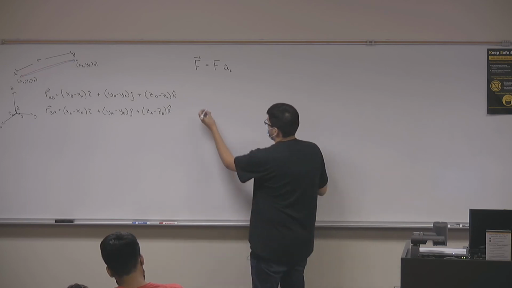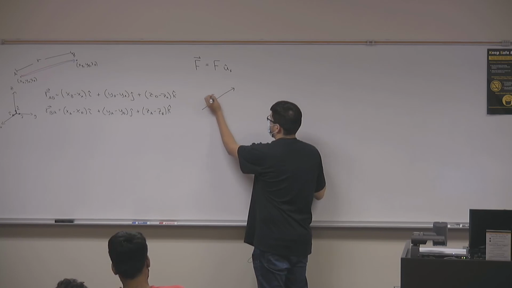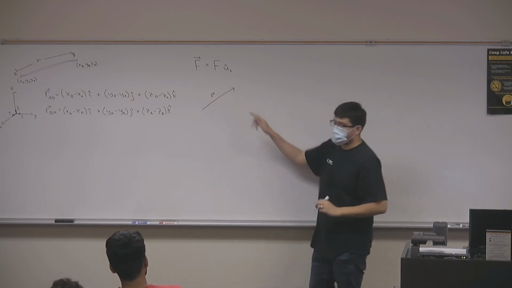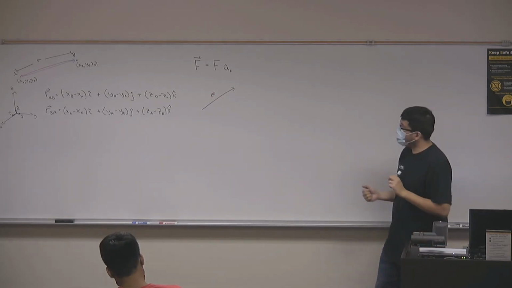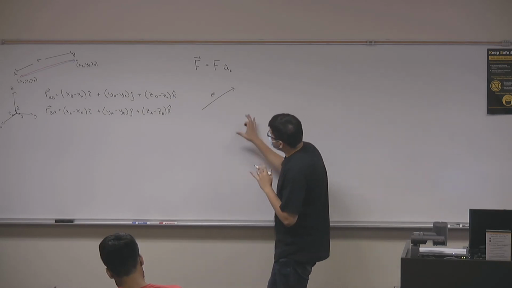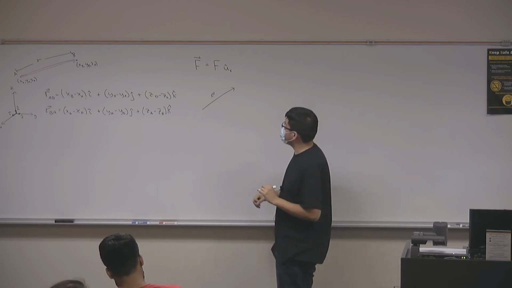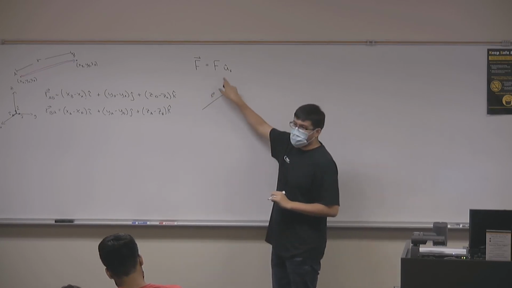Why are we adding so many variables to what should be a simple vector? So think of it this way. My vector F is a force vector with magnitude and with direction. But now instead of looking at F simply as a number and a direction, I want to look at it as a product of two quantities.